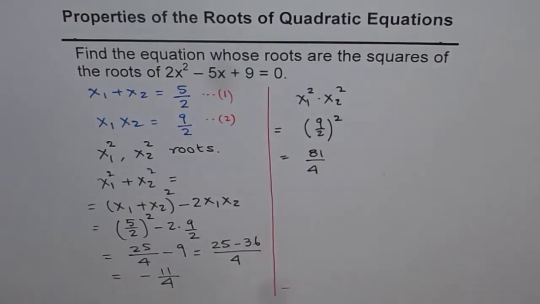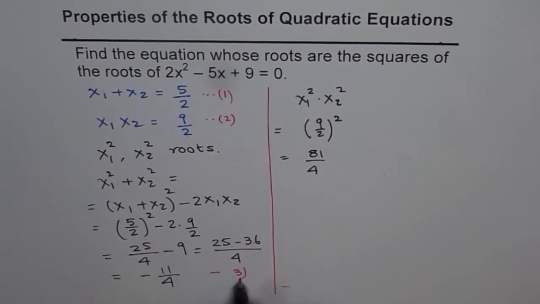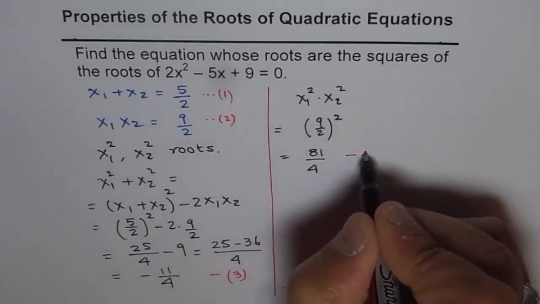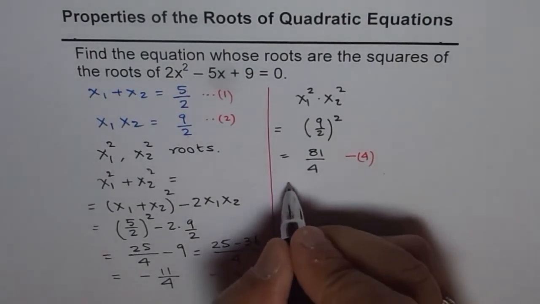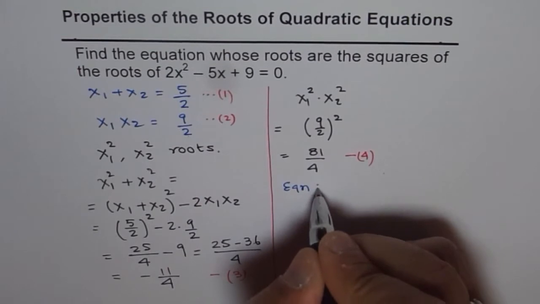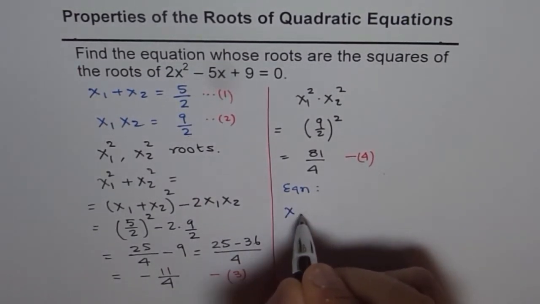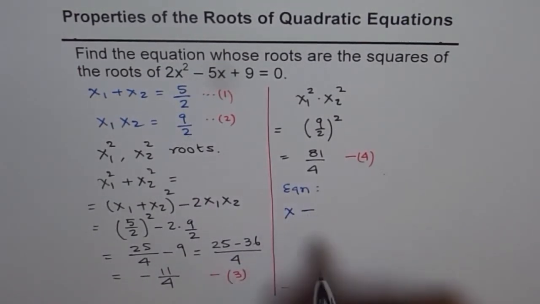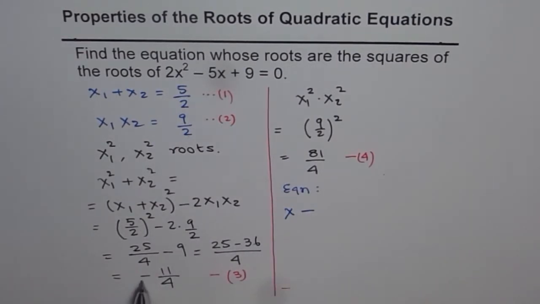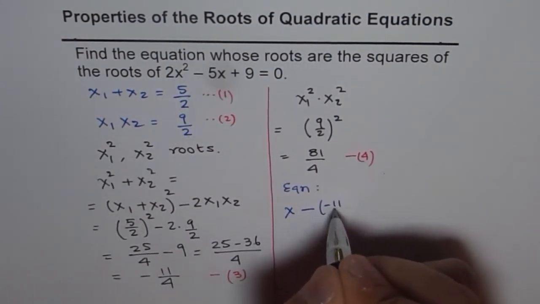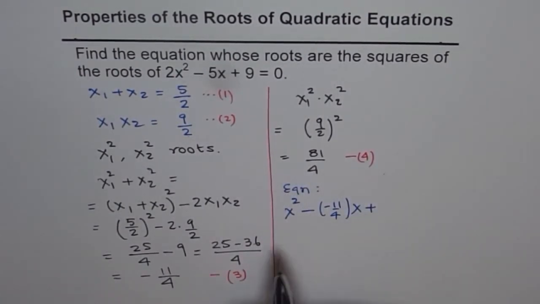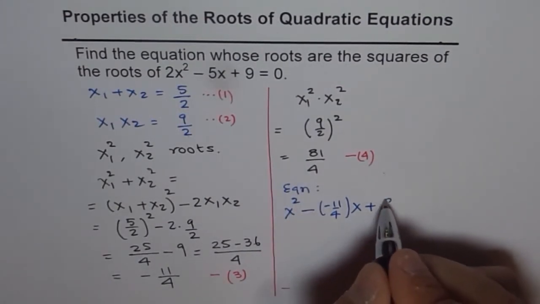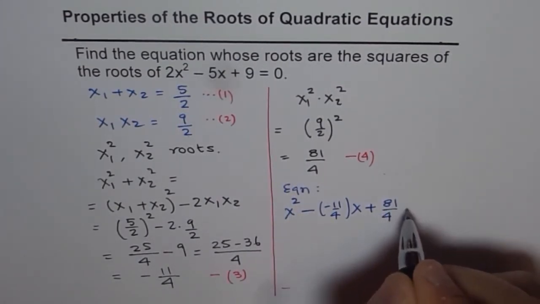So from here we now know the sum of the roots required and their product. Now since we know this, we can find the equation. The equation should be x squared minus the sum of roots times x plus the product. The sum of roots is minus 11 over 4, so we write minus of minus 11 over 4 x, x squared rather, plus the product, which is 81 over 4, equals 0.